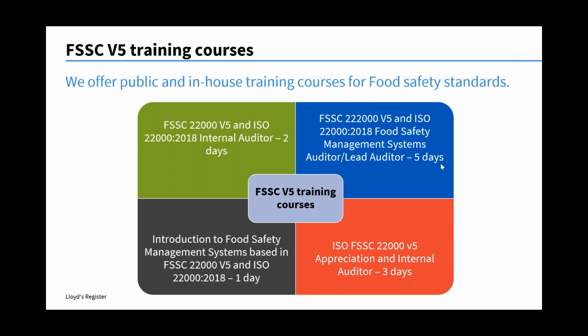Okay, the next question is: please explain in detail the need for two separate PDCA cycles in the process approach. So one is the management system PDCA cycle, which talks about the overall food safety management system: the planning for the food safety management system, the implementation, the verification of the FSMS, as well as the improvement.